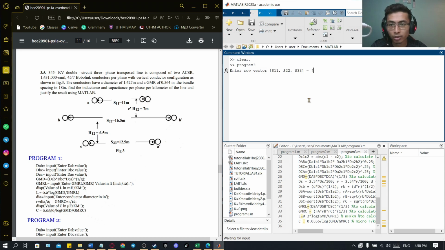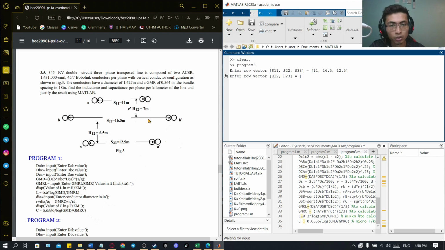So S11 is 11 meters, S22 is 16.5 meters, and S33 is 12.5 meters. Then we enter.